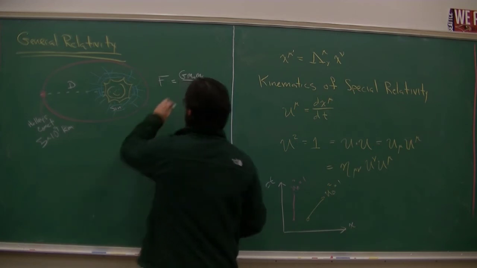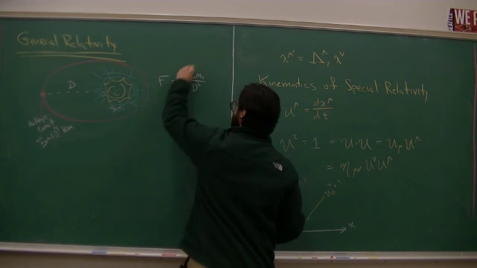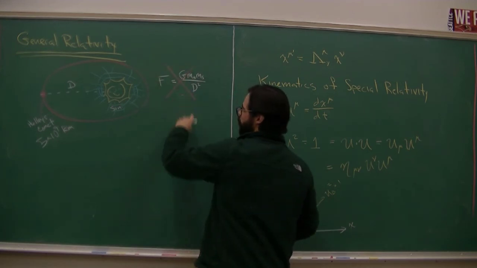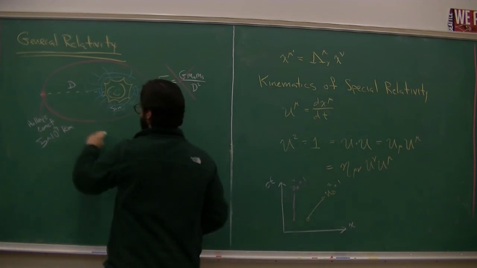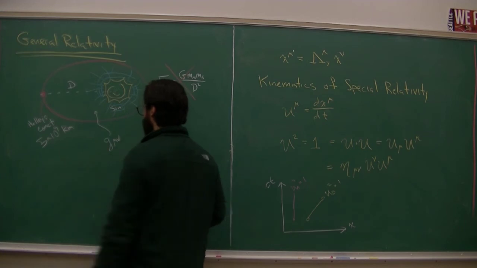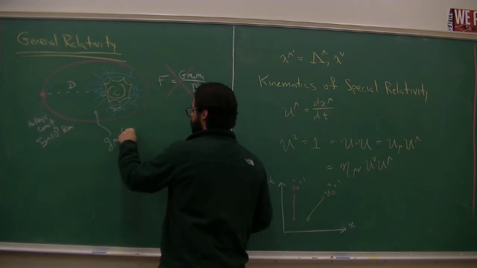But the way that you should express a properly constructed theory of gravity is not through this force law, but rather through the idea that at every point in space, there exists a metric, g mu nu. And the metric itself depends on where you are, so I'll just call it x.